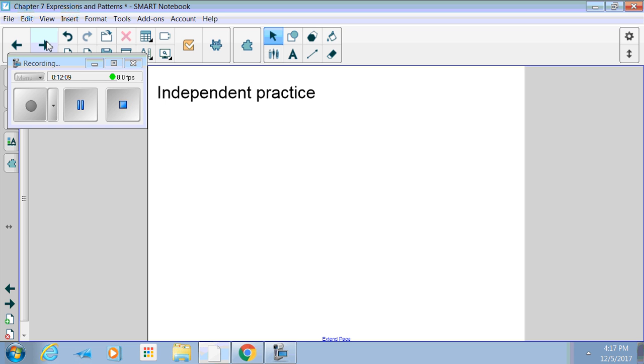So when you look at your independent practice, your directions say to identify the pattern, then write the next 3 terms in each sequence. Make sure you are doing both of those steps. I don't care if you write the words add, subtract, multiply, divide, or if you use the operation symbol that you're used to seeing, and then make sure you're continuing the pattern.